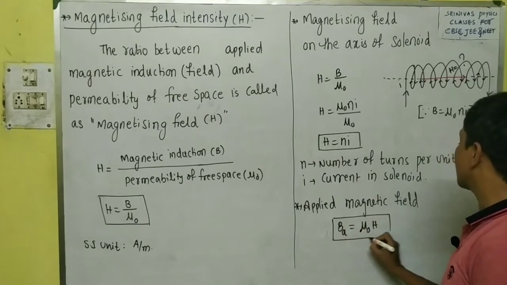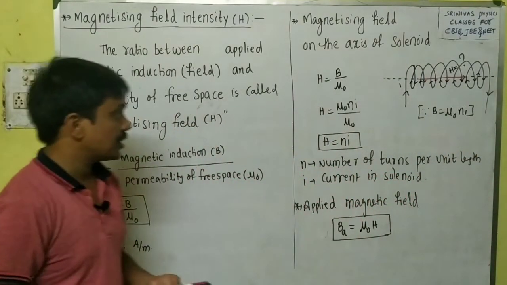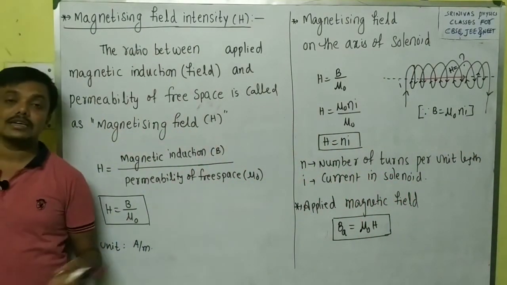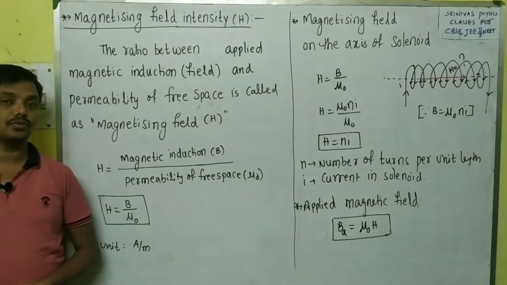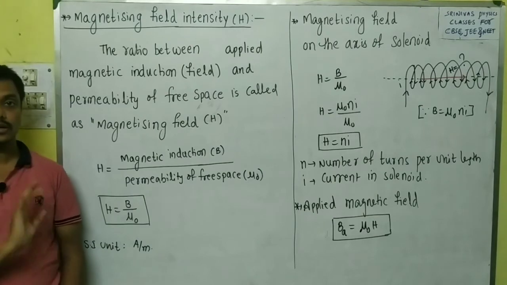The applied magnetic field is mu naught H, and H is the magnetizing field intensity. Now take a screenshot and note it, and I will continue the topic after that.